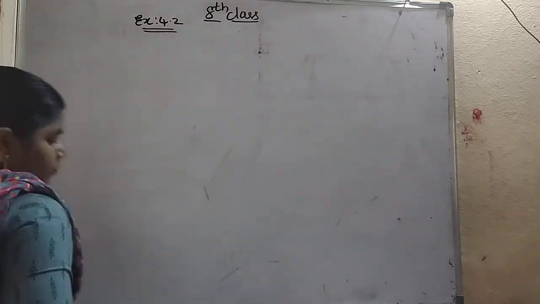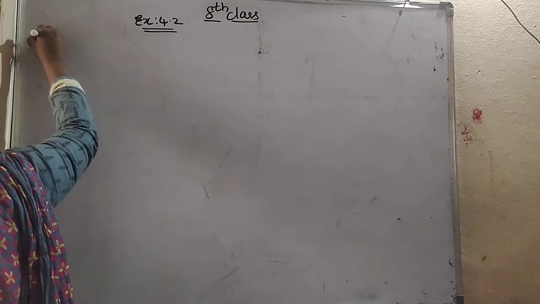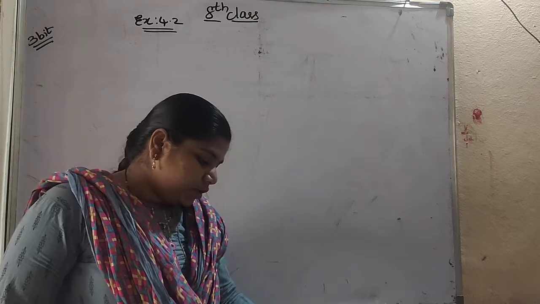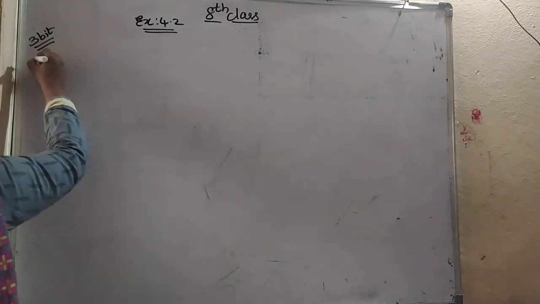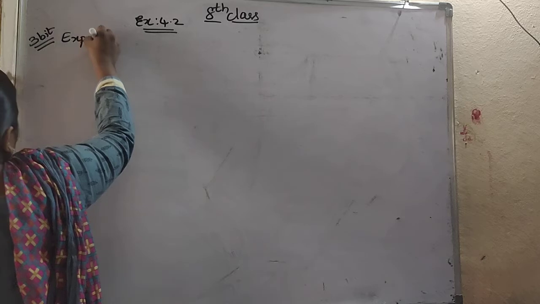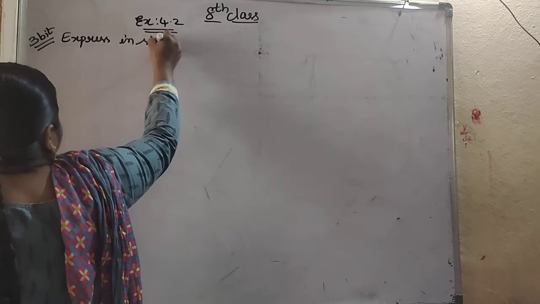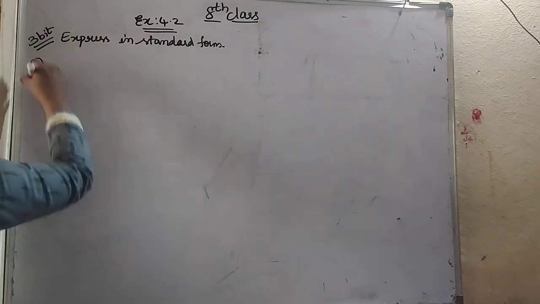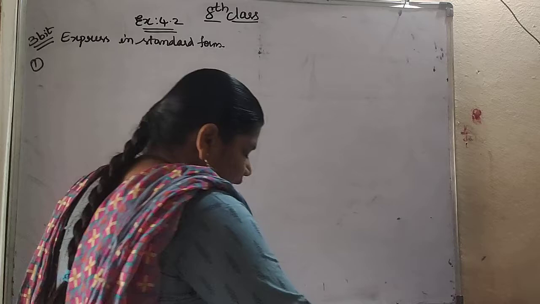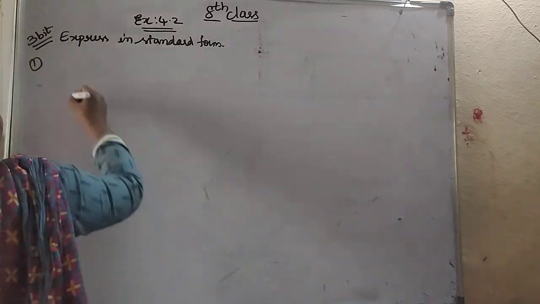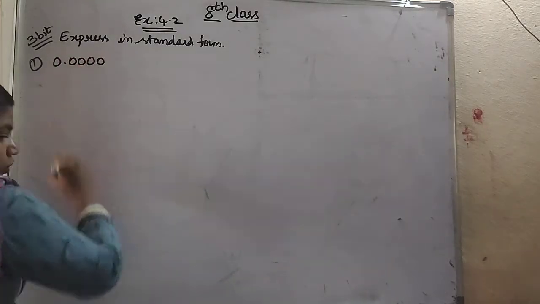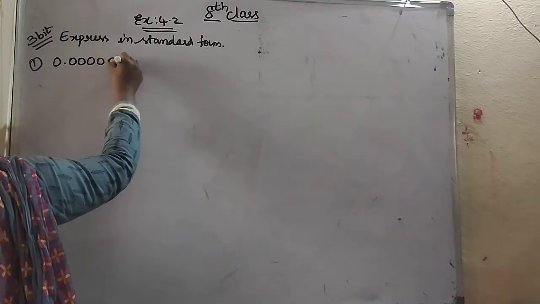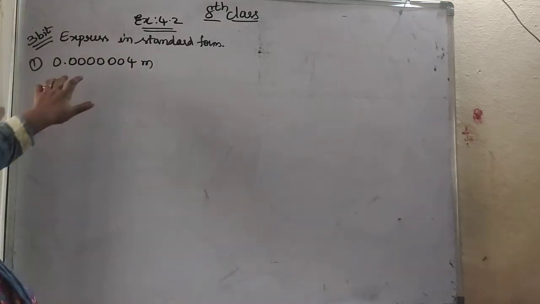Next bit. The third bit is: express the following information in standard form. Again, we have to convert into standard form. The first one is the size of a bacteria, which is 0.0000004 meters.